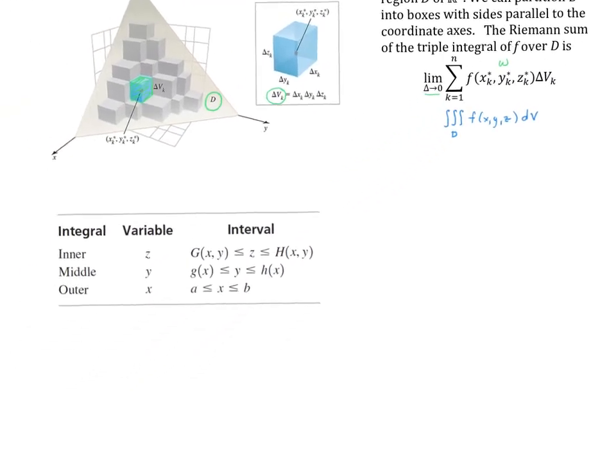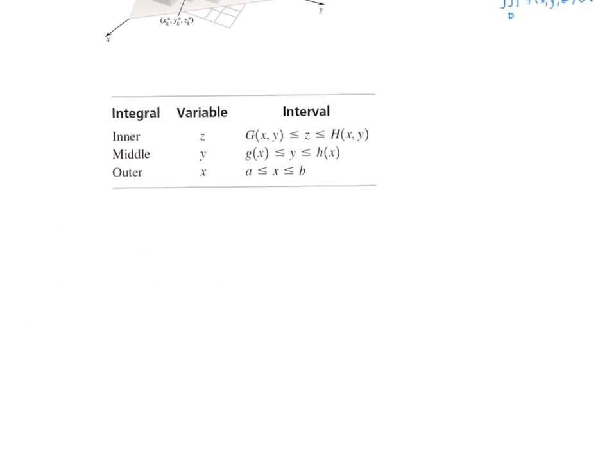We have to be careful about the order in which we integrate. So the typical order is that we want to keep the inner integral with respect to z. Our limits of integration for z will be functions of x and y. Once we integrate with respect to z, that variable z is gone, and then our middle would be y, where y is a function of x.